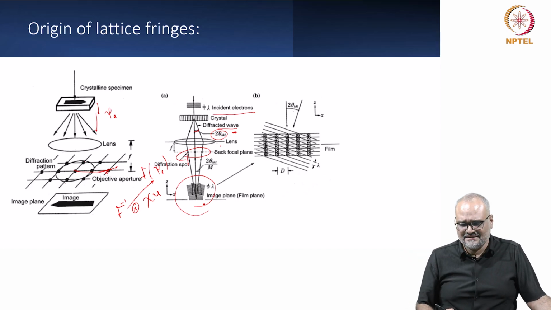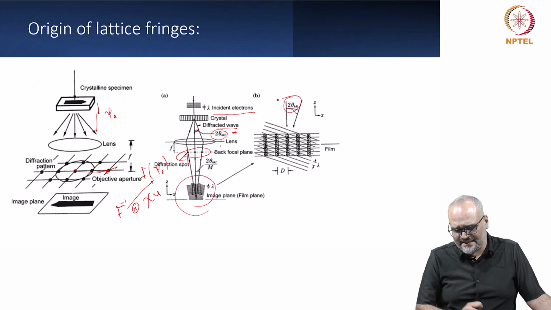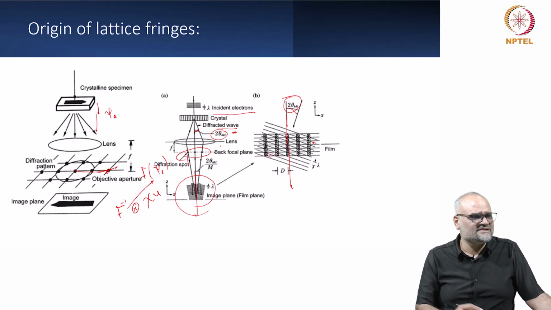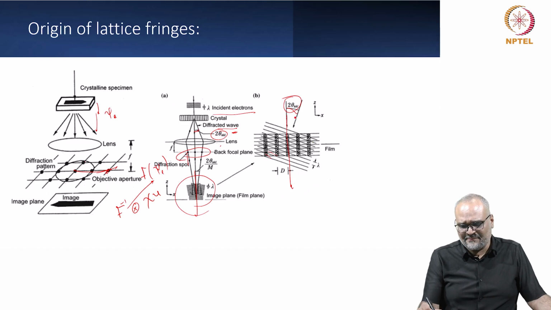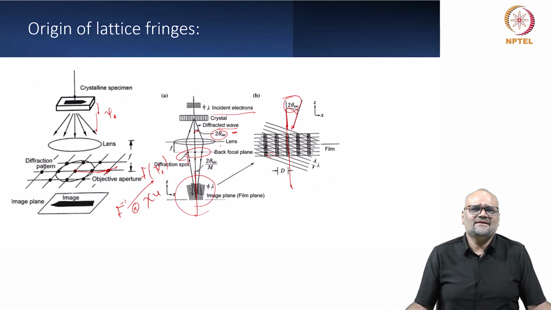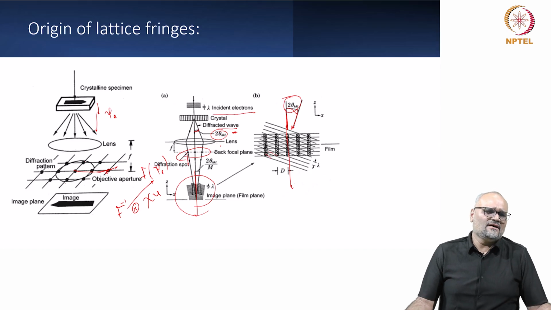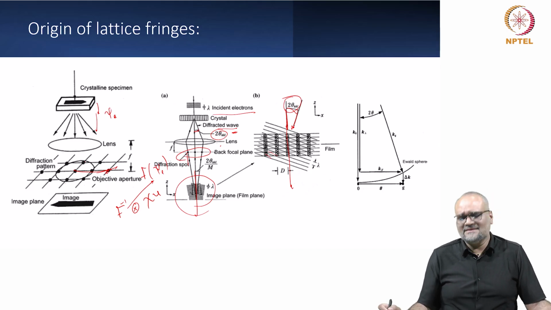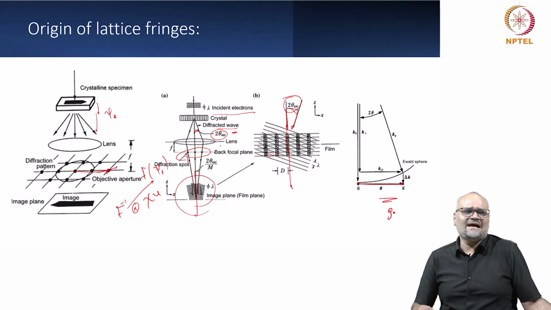Let us say the beam scattered at an angle of 2 theta HKL is interfering with my forward scattered electron beam along the principal axis. I produce this fringe pattern here, and I can represent the propagating wave fronts with two propagation vectors on the Ewald sphere, and the difference between these two corresponds to my reciprocal lattice spacing.